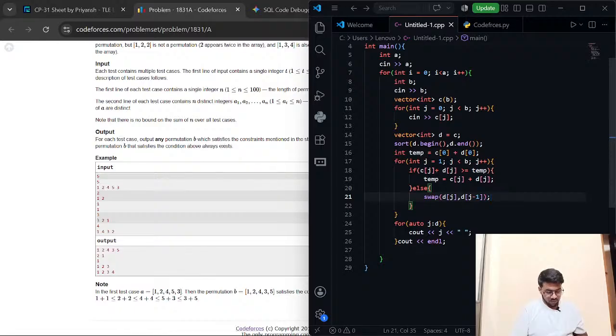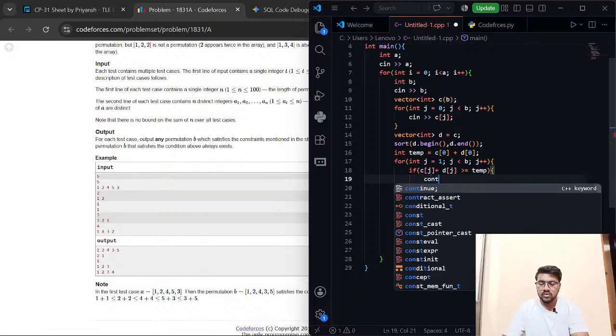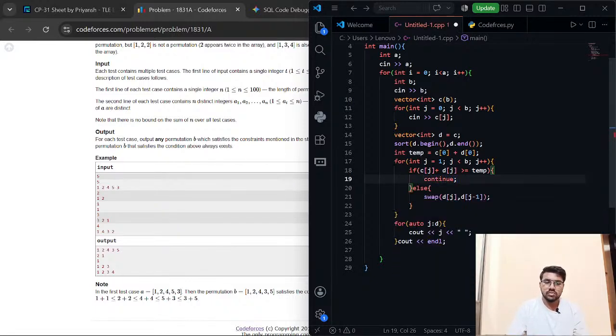Now is it 5 plus 4? No, we should not. Why should we add it? Instead of adding this temp here, we have to add it above it. Above it, yes. It was perfect here.